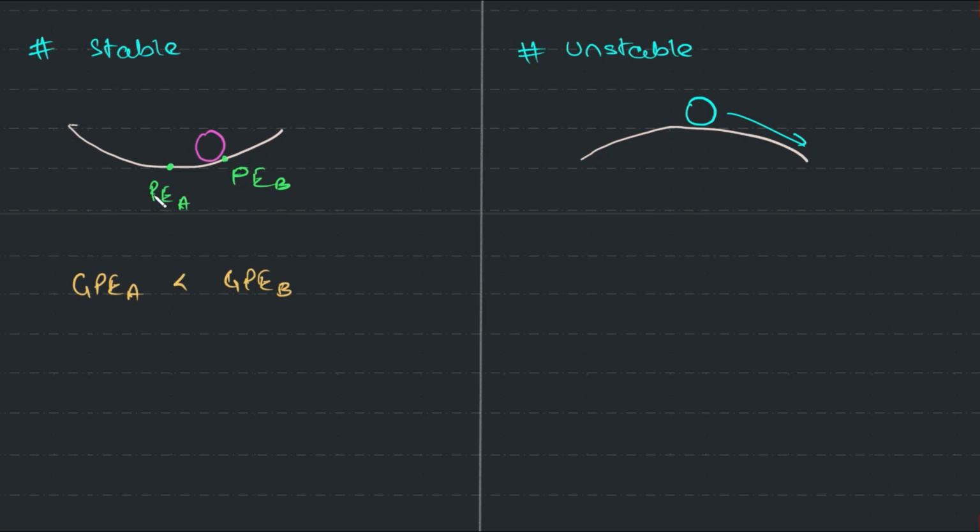I mean, it's not a big deal. Let me just write it as A and B. This is point A and point B. So this is to do with gravitational potential energy.